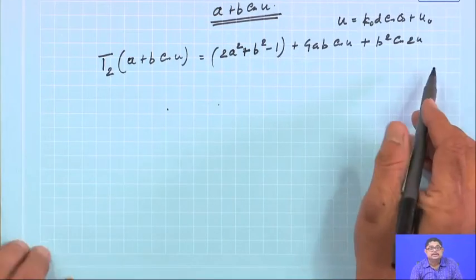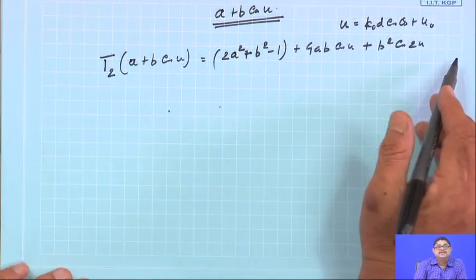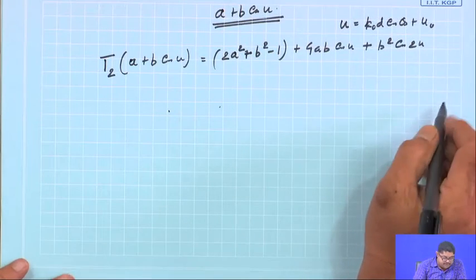So, here also you see that this second order polynomial can be written as a Fourier series in u.